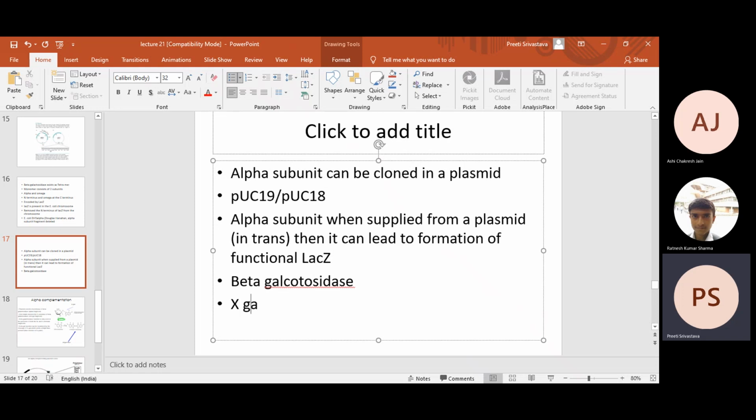If you spread on an X-gal plate, X-gal is the substrate, and the beta galactosidase will convert X-gal into the blue compound. Is it clear? Yes, ma'am.